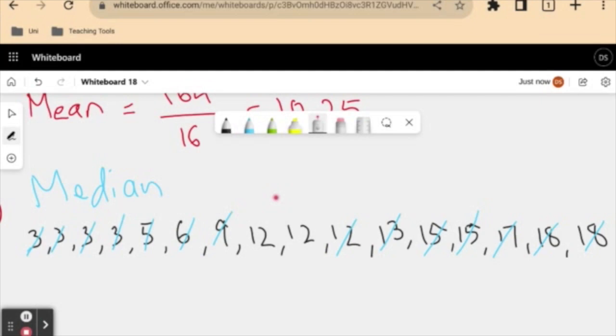Now, you'll notice when you work through certain questions that when you get an even number of numbers within your data set, you will get 2 medians. And when you have an odd number, you'll get 1.